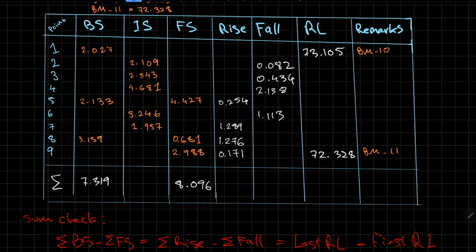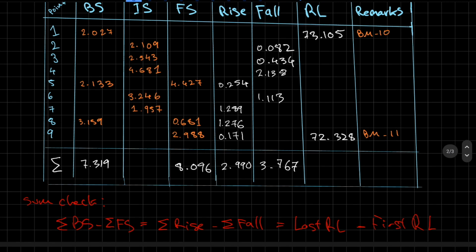Now we calculate the sum of rise. This one is equal to 2.990. Now we calculate the sum of fall. This one is equal to 3.767.